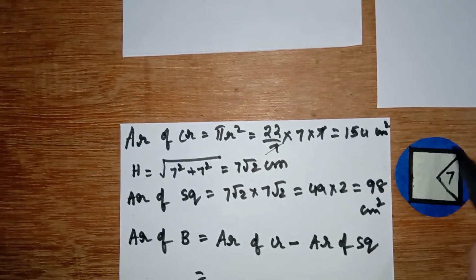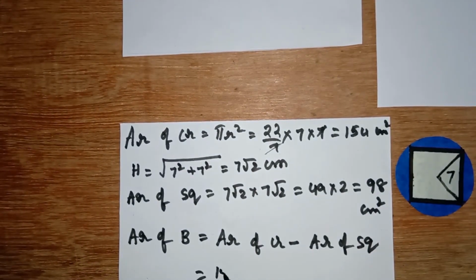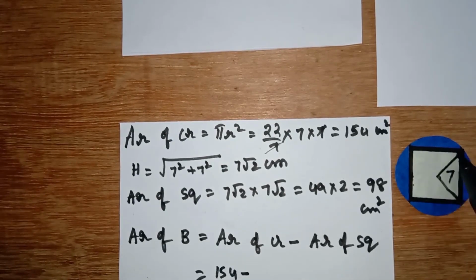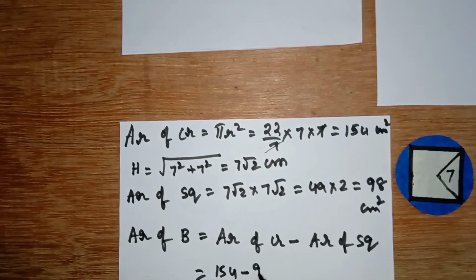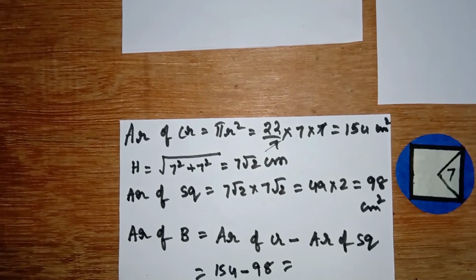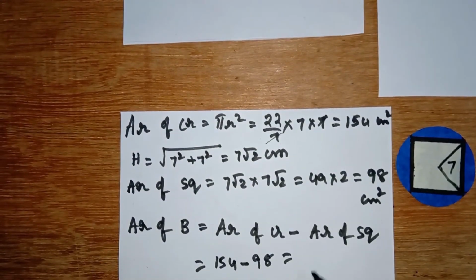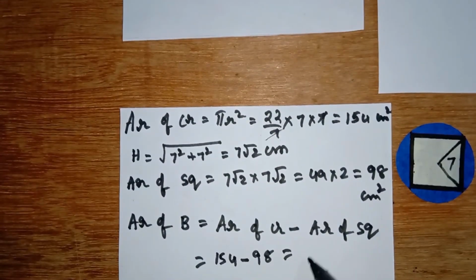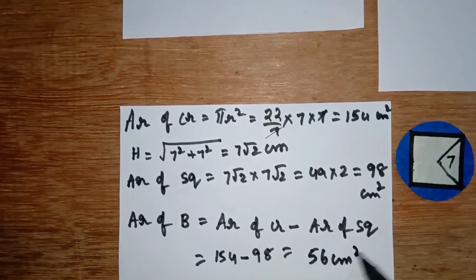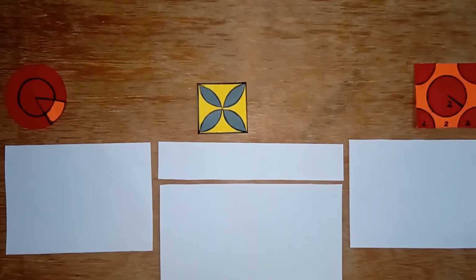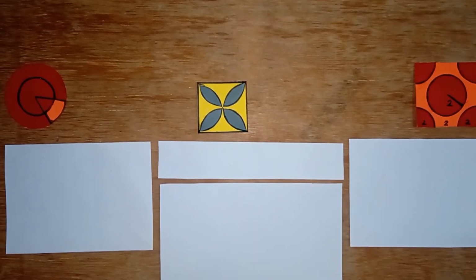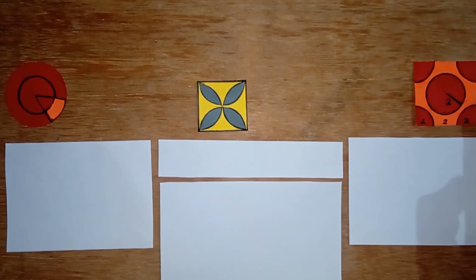Area of circle is 154 minus area of square is 98. 154 minus 98, 56 centimeter square.